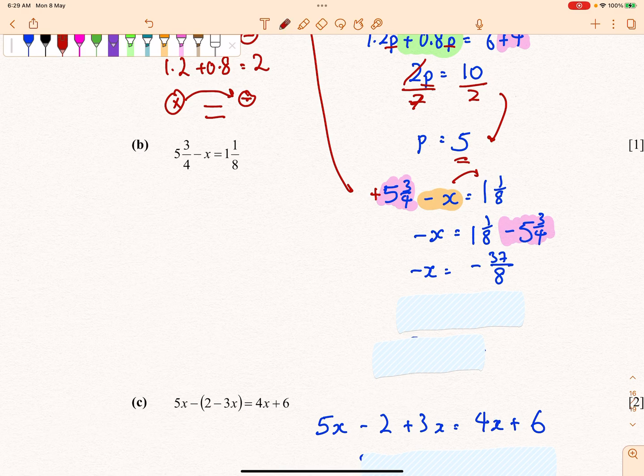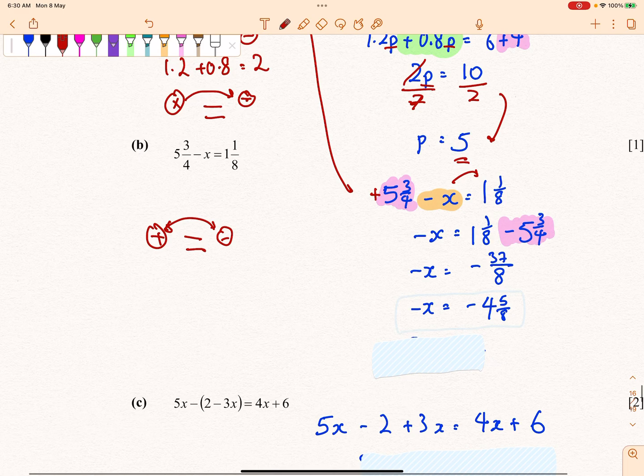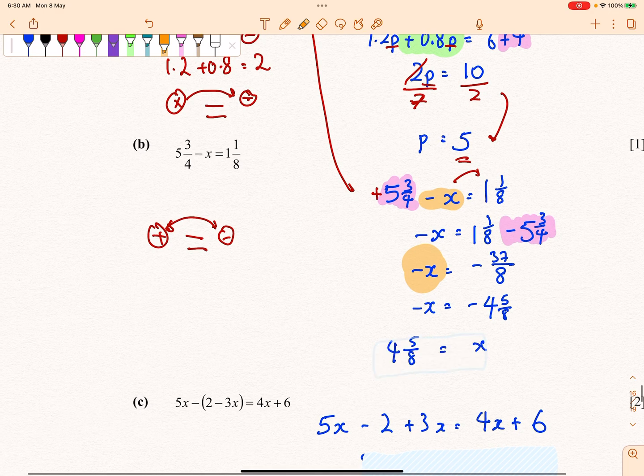Now using the bring-over idea, if it is negative, you bring it over and it becomes positive. So you can actually bring the negative x over, and it becomes positive.